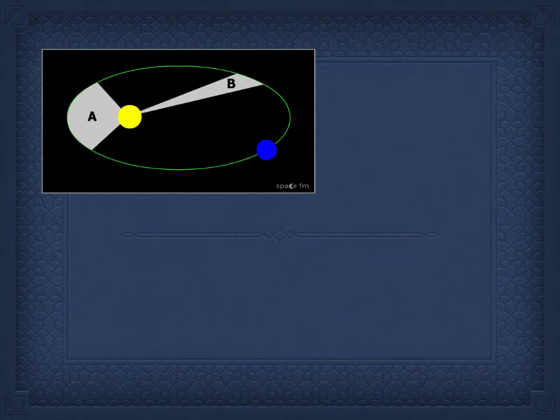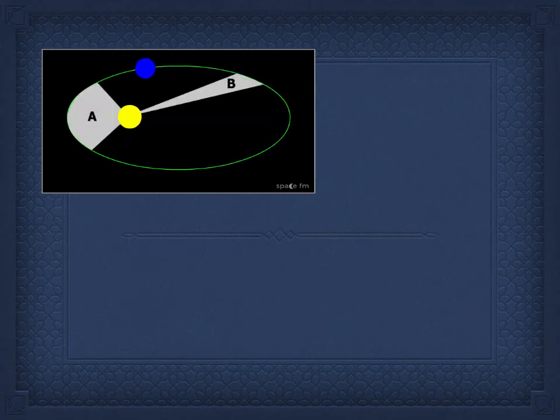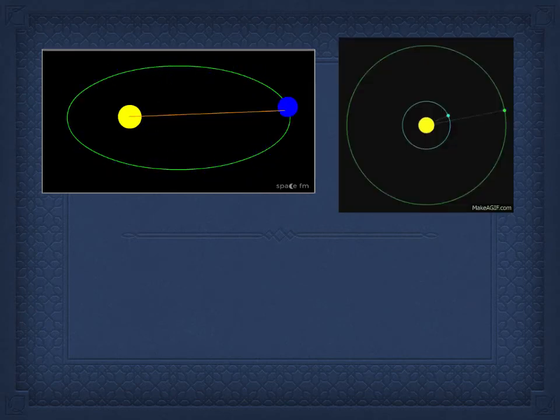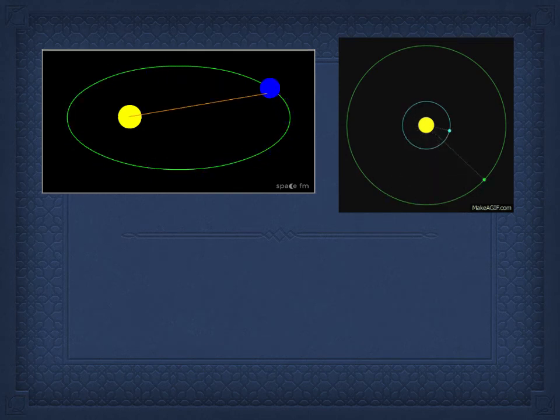Now, as you can see, the shape of the orbit is elliptical. Let's consider the time taken for one revolution by the planet around the sun to be t. The distance from the planet to the sun will be changing. That is, when it is close to the sun, the distance is shorter.